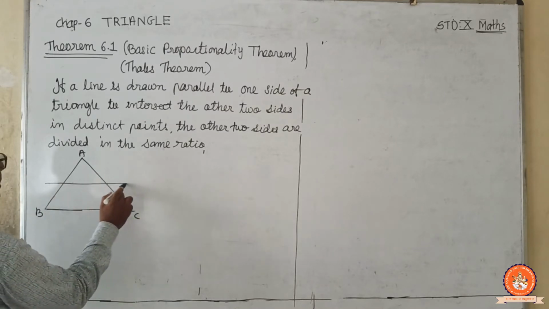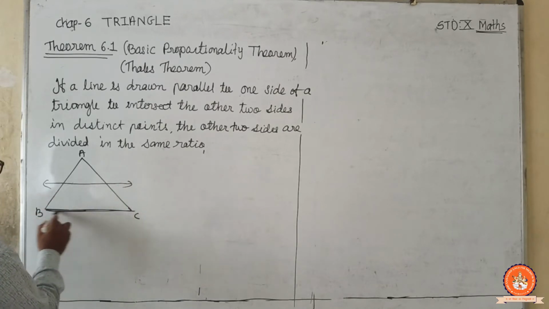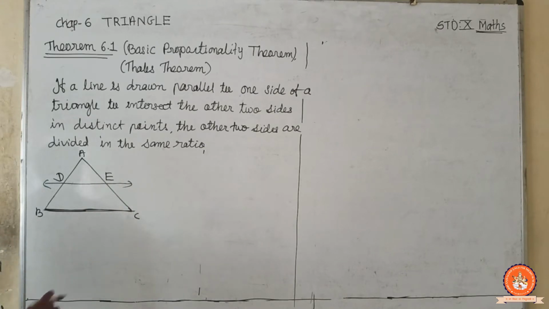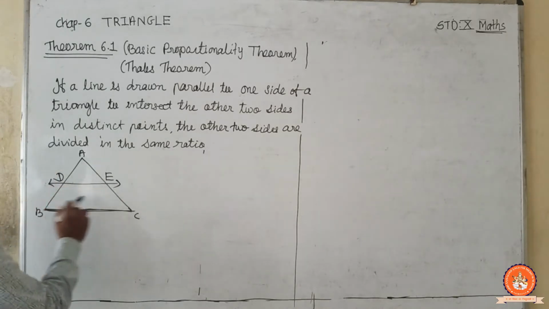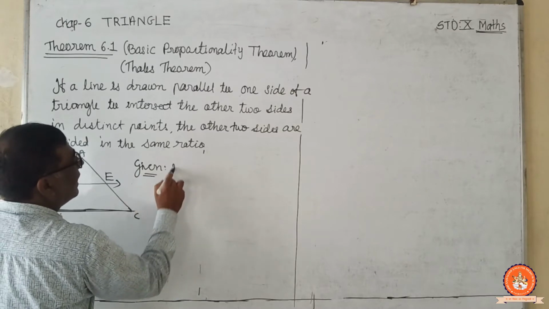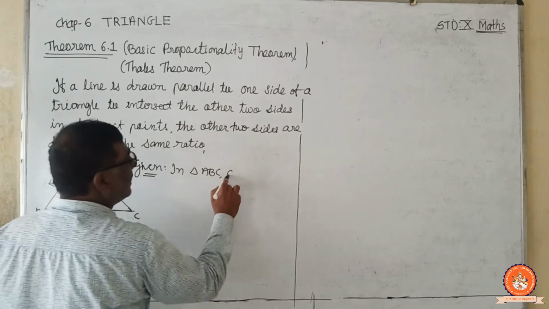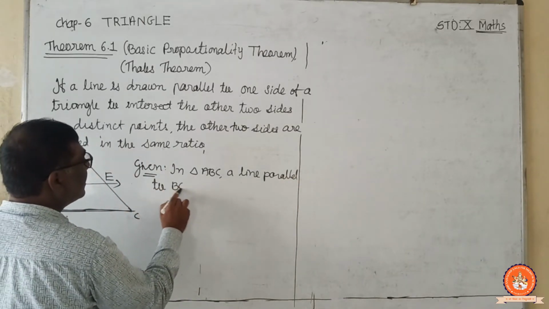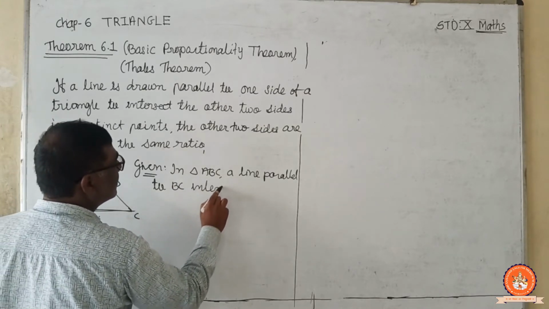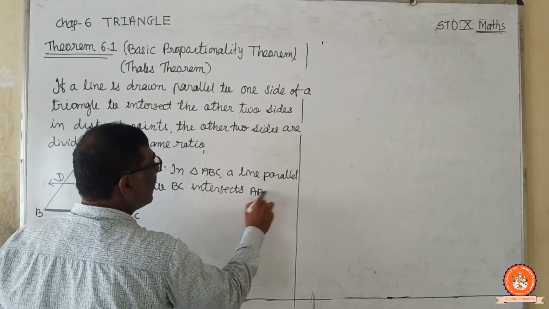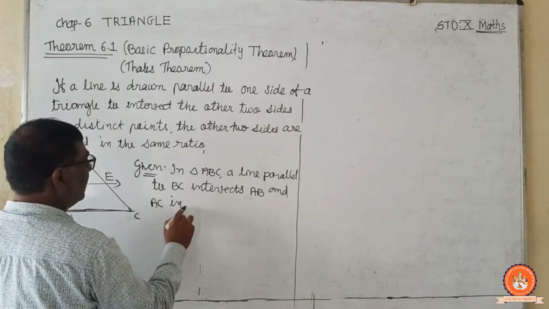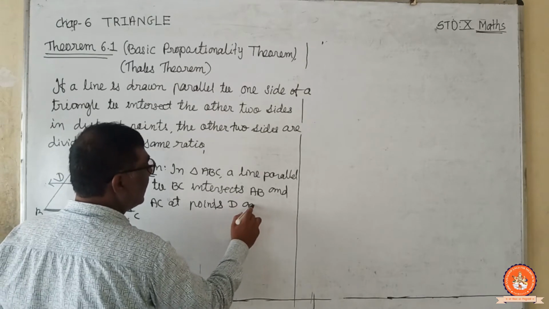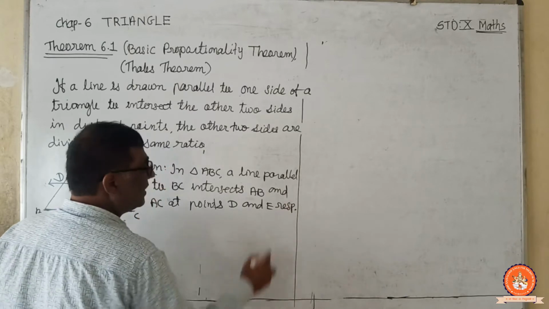This is a line parallel to side BC of triangle ABC, and intersects AB and AC at two distinct points D and E. So this is the given: in triangle ABC, a line parallel to side BC intersects AB and AC at points D and E respectively.